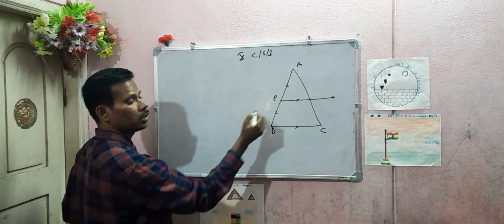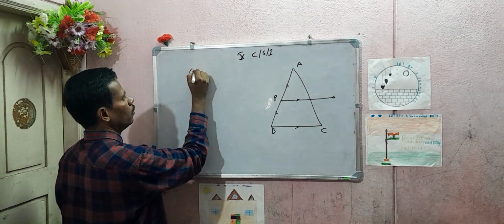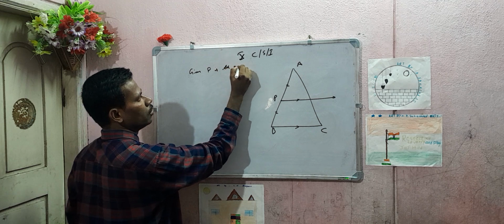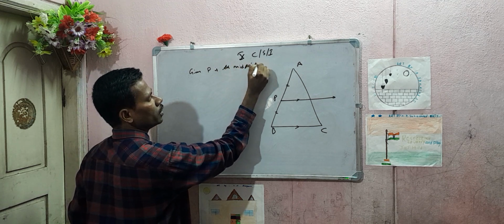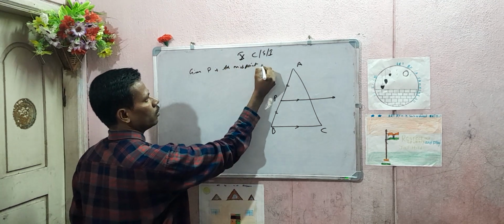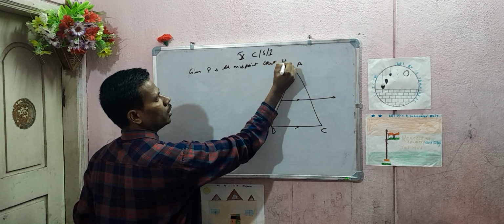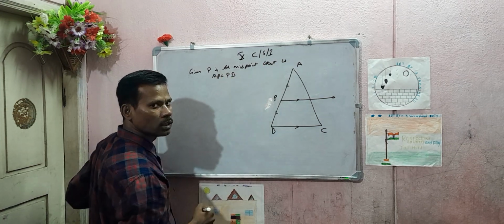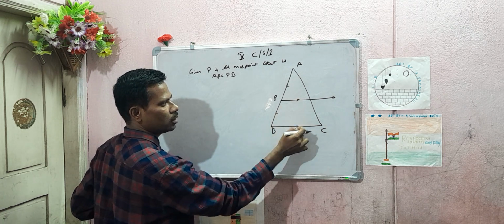Here P is the midpoint, given. That means AP is equal to PB. And also this line is parallel to BC.